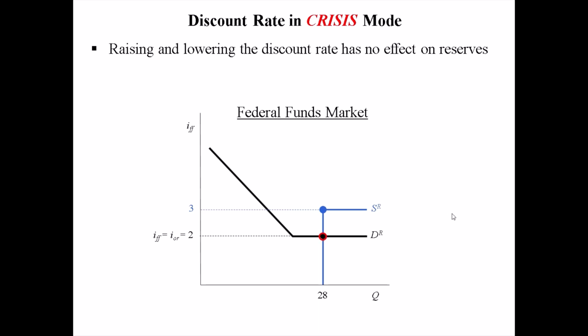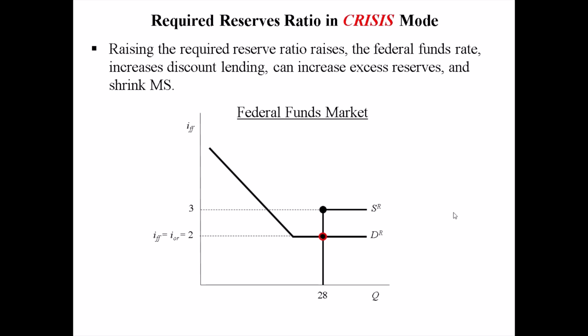Okay? Now let's look at what happens when the required reserves ratio is raised. When the required reserves ratio is raised substantially, say from 10% out to 20%, the demand curve will shift out to here.